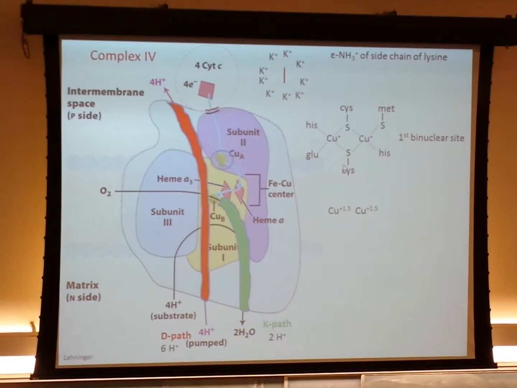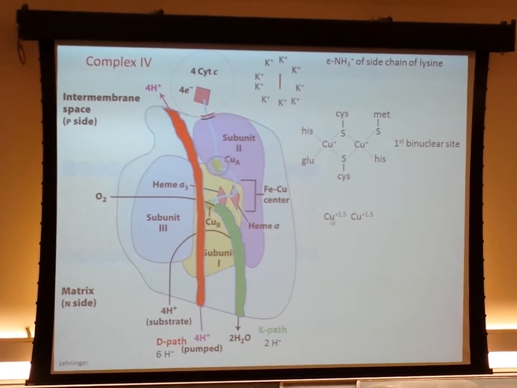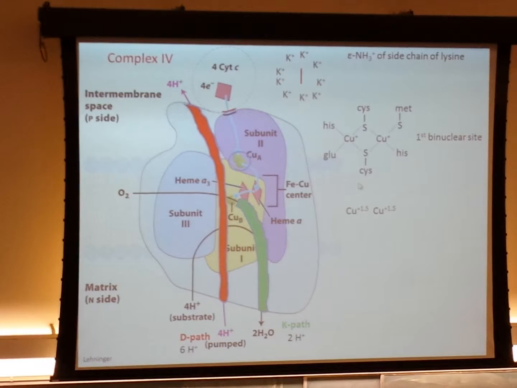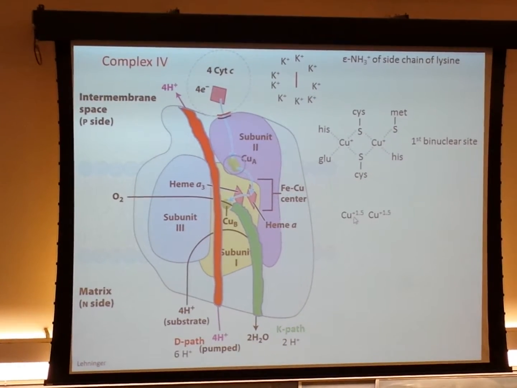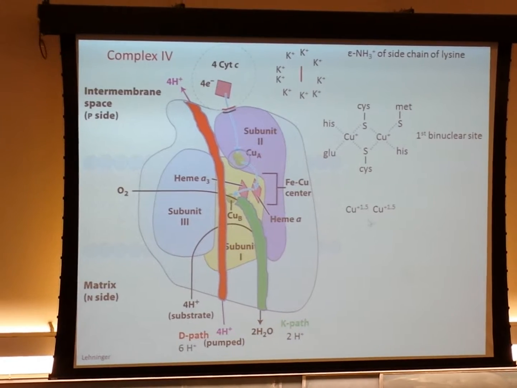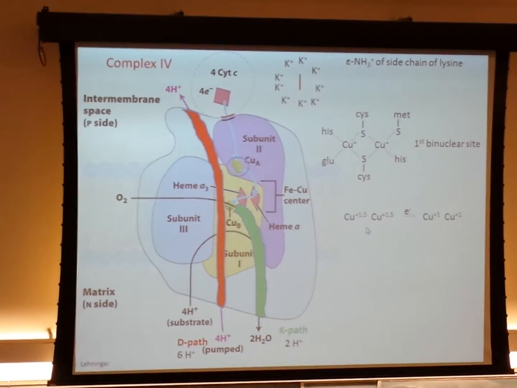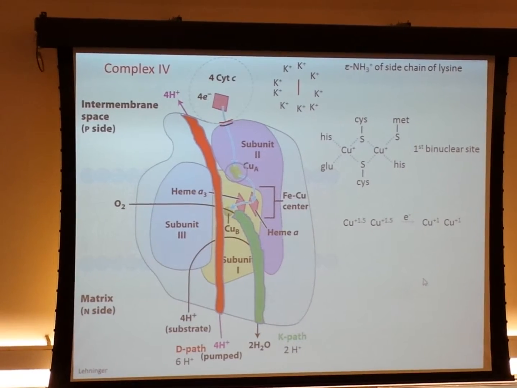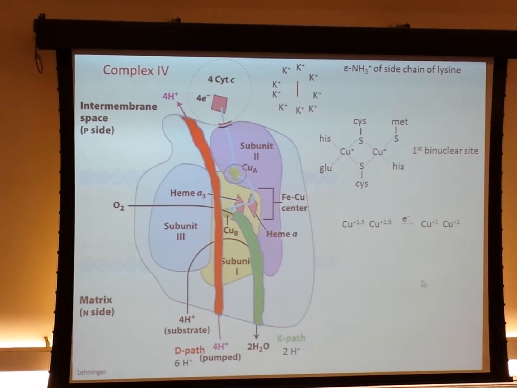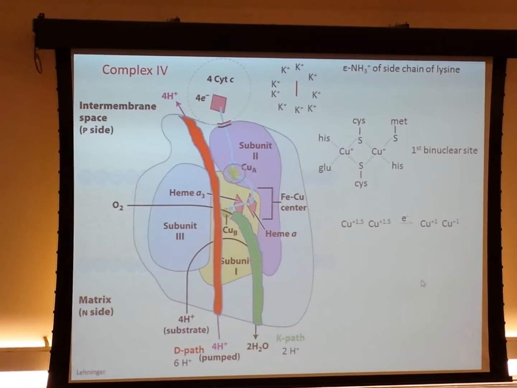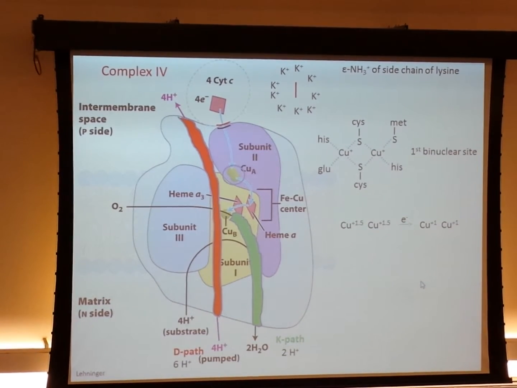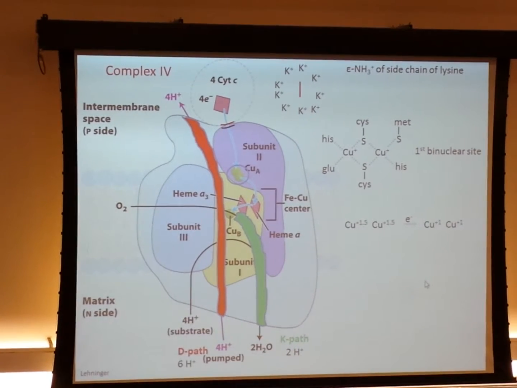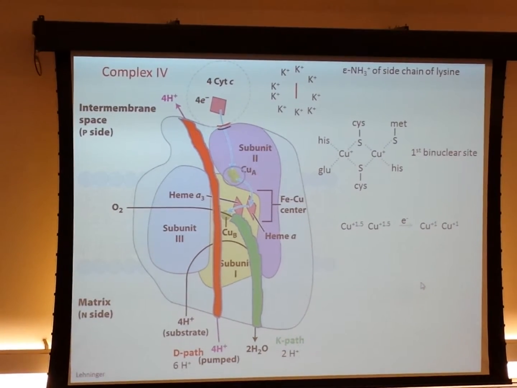So, here, let's say, is the oxidized. Well, they know that this is the case. Copper, this guy here, has a charge of positive 1.5, and its brother has the same. And when it picks up an electron, it becomes this. So again, having the two metals so close together allows for oxidation states that are in between. Where's the electron coming from? One cytochrome C, the top, and instantaneously transferred its electron.